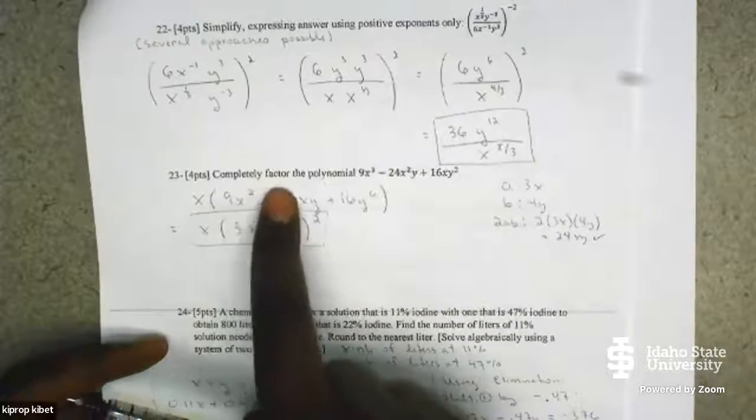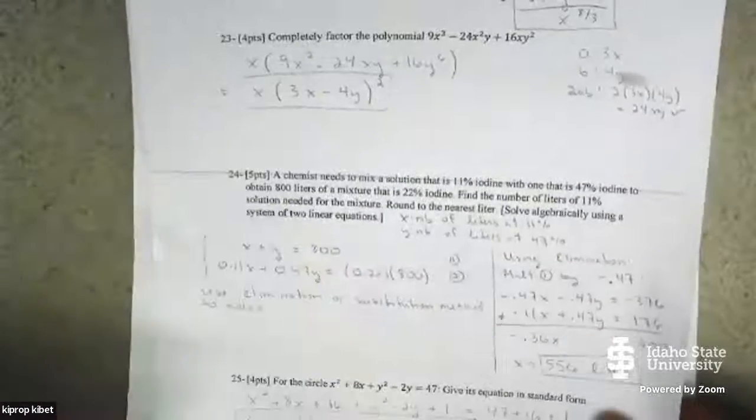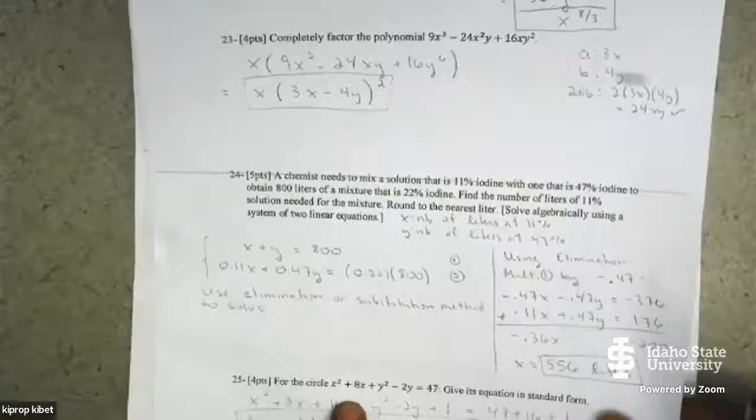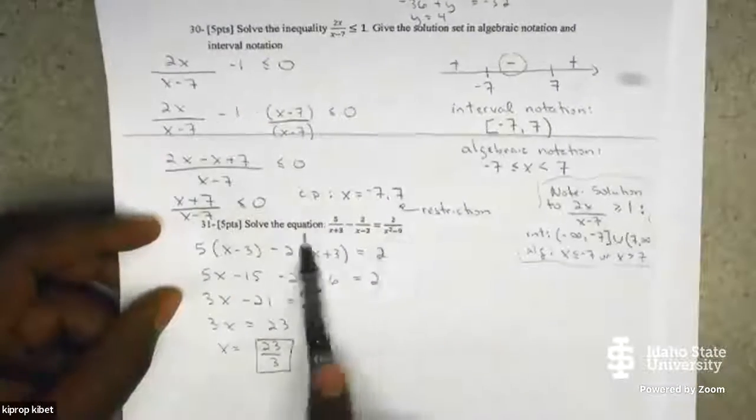Then completely factor. Now, remember this one is what we did. And then next page, this one. You get the values of x and y. This one, solve this, and then finally this.